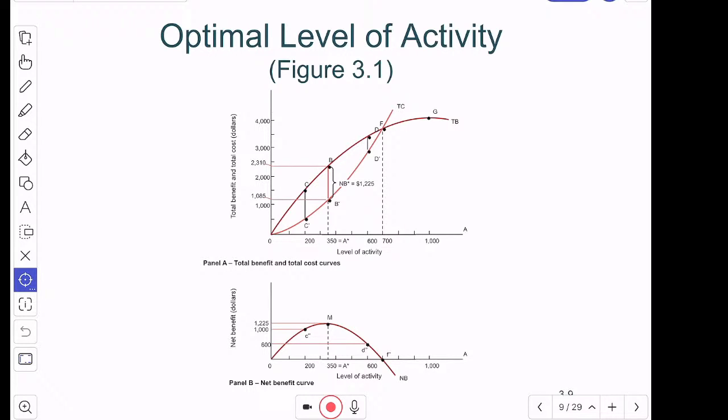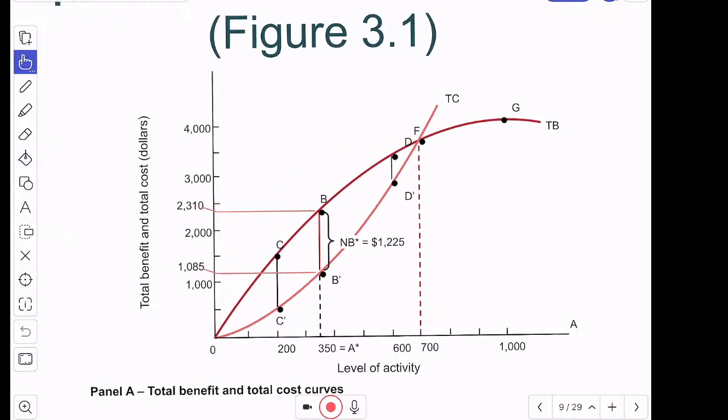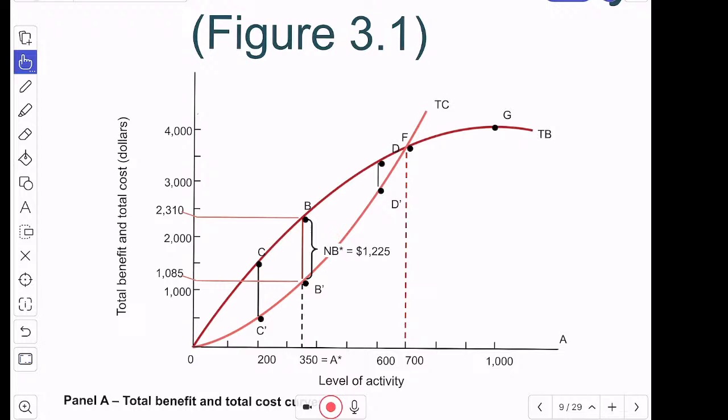Now, I solved some problems. I gave you some functions, and those functions could look something like this drawing here, where total benefit is a concave function, total cost is a convex function, and it creates some alternatives, different levels of activity, and which is your option?